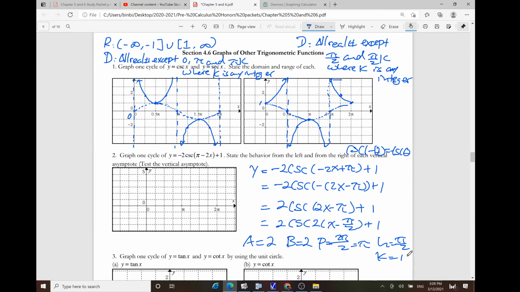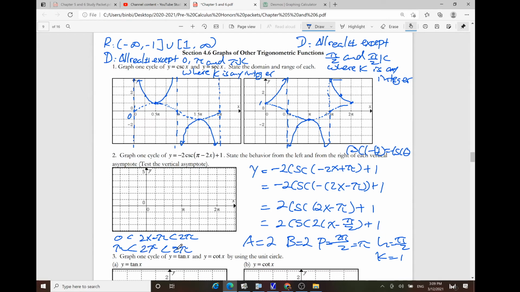So in order to do the one cycle test, we can just say that it is from 0 all the way to 2 pi, but 0 and 2 pi are not included, because according to the parent graph, those are the VA. Let's find the values we need in the middle. So we put in the quantity 2x minus pi. Solve for x, so add pi on both sides.